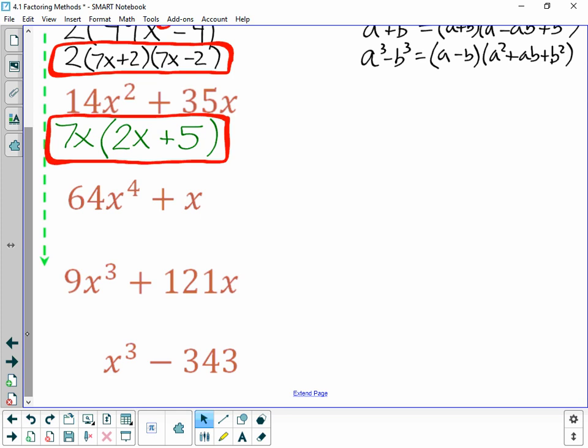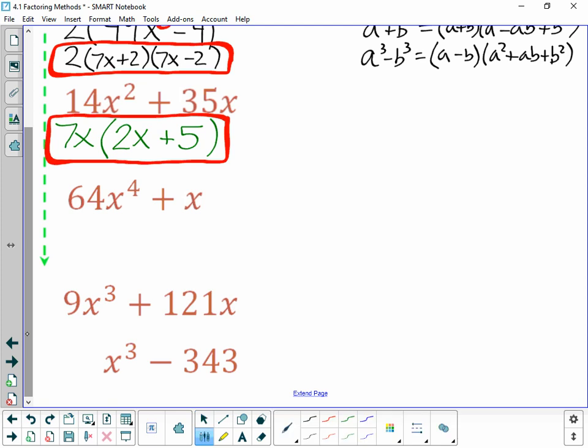All right, this next one, 64x to the 4th plus x. Again, the first thing you should do every single time, no matter what, is check for a common factor. The only thing these 2 terms have in common is that they both have a factor of x. If we factor that out, in the first term we have 64x to the 3rd, and in the second term, we're factoring an x out of 1x.